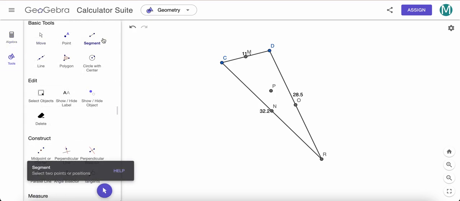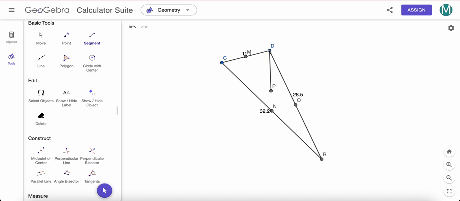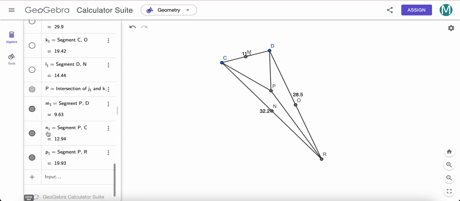Now let's draw the lines. These line segments represent new construction highways. Let's calculate these. Let's make a parenthesis: PC plus PD plus PR.